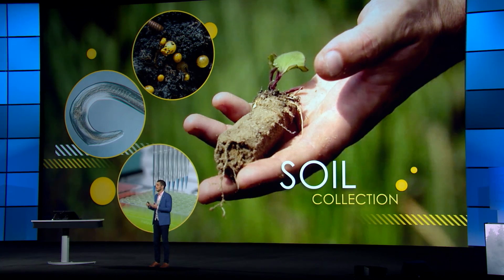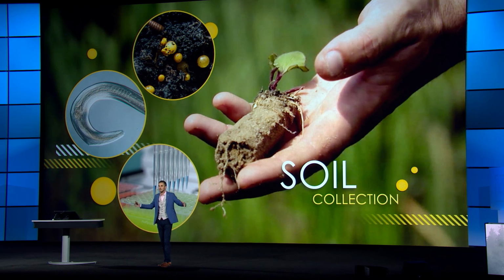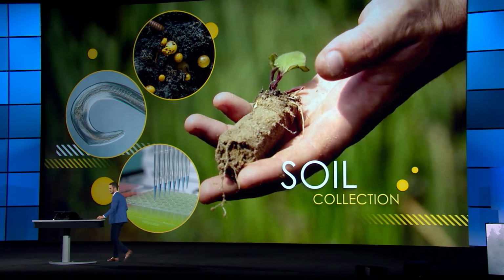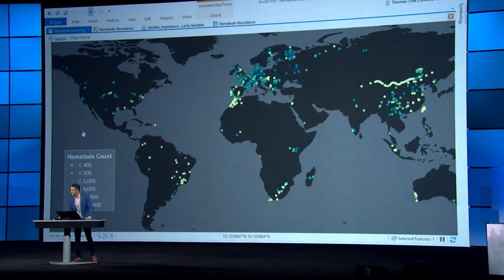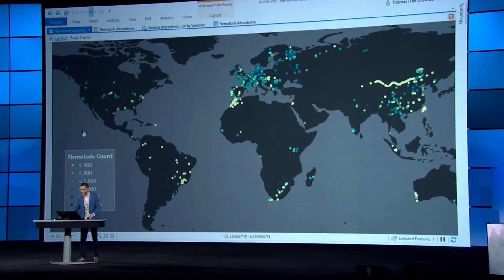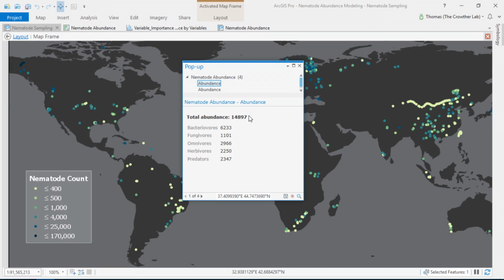But now we're starting to get machines that can process these samples much more quickly, and we can generate a whole new wave of information. And I'd love to show you some of the stuff that we're working on just at the moment to explore their spatial patterns. So this reveals all the thousands of locations around the world where people have been taking soil samples and extracting those nematodes to identify their abundances. And if we click on one of the samples, we can see the total abundance of nematodes in those soils, in a gram of soil.